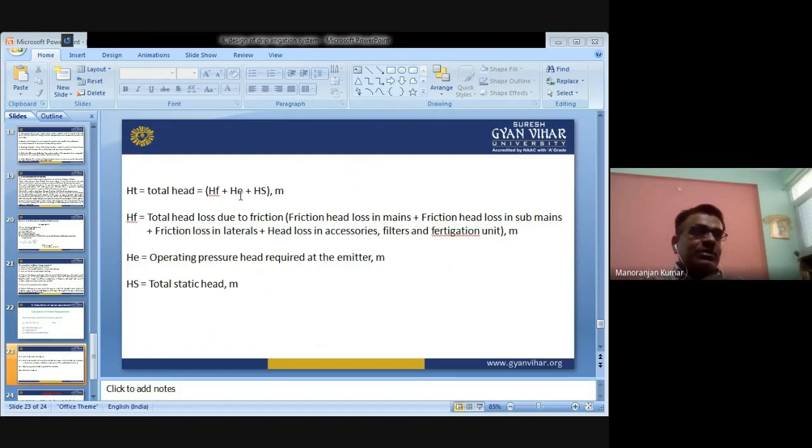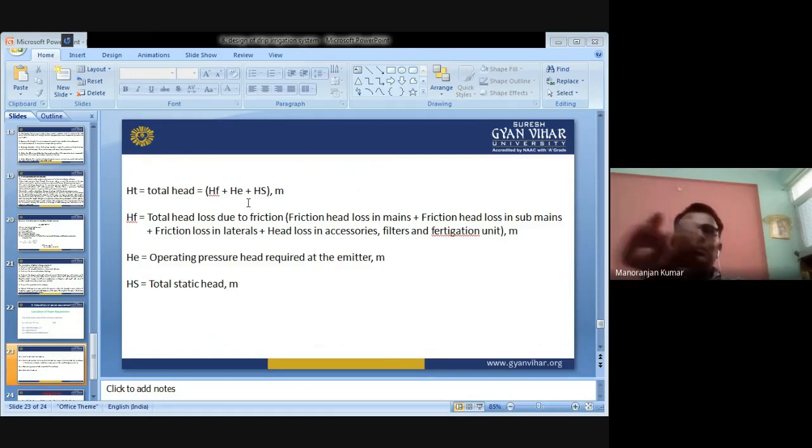And HE is the operating pressure head required at the emitter. The water will not flow automatically from the emitter. If the emitter reaches a particular pressure, then in that condition the emitter will discharge the required output. So HE is the operating pressure head required at the emitter.